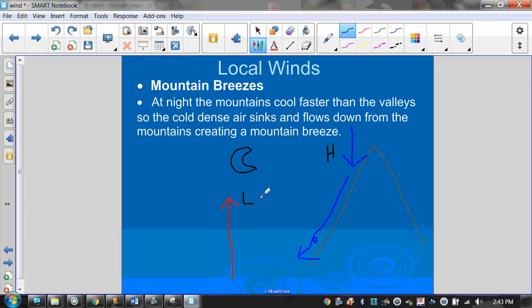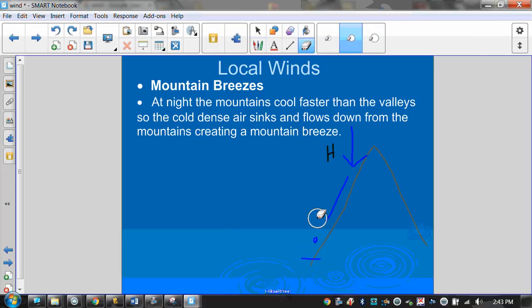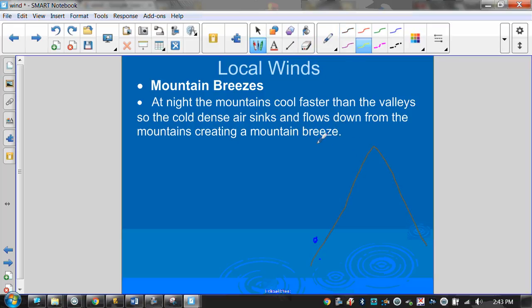During the daytime, this is going to flip. So this is at night. During the daytime, it'll be reversed. So now when the sun is up, the sun hits the top of the mountain first, and so it warms it up at the top, which means the air is going to rise here, and the air is descending here, and it's going to get pushed up the side of the mountain.